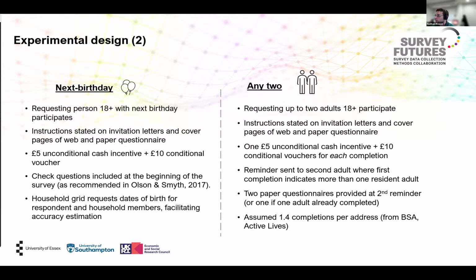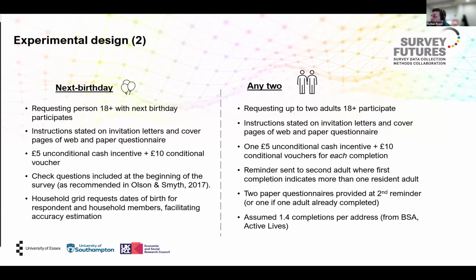Similarly, the instructions were on the invitation letters and the cover pages of the web and paper questionnaire. There were no check questions though in that group. Same incentive approach, except to be clear, we only sent one £5 note to each address, but we offered £10 to each for each completion.